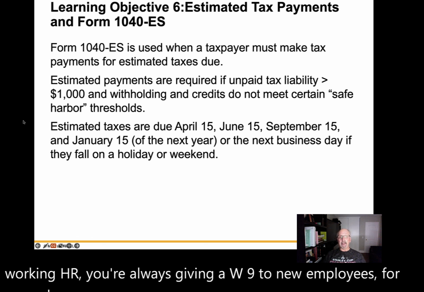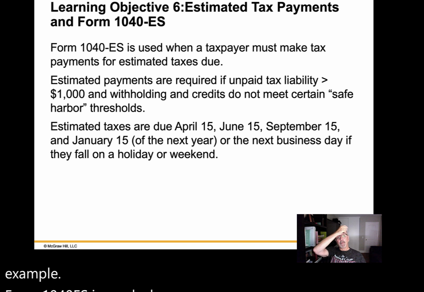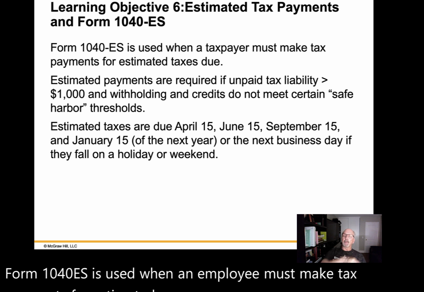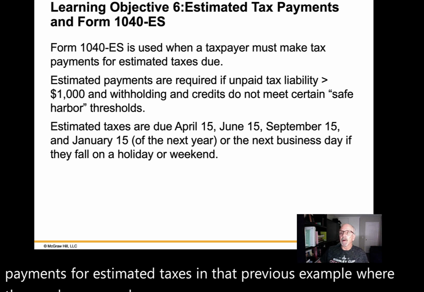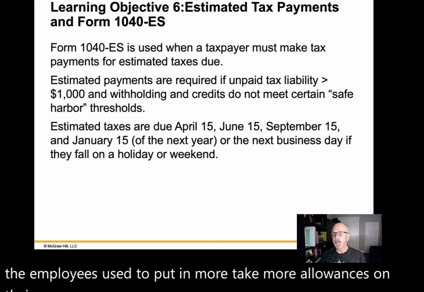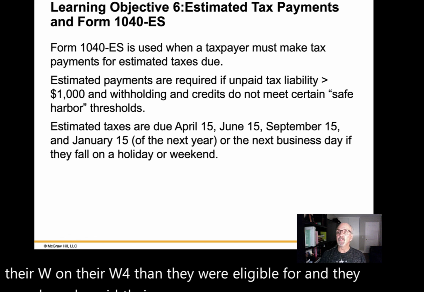Form 1040-ES is used when an employee must make tax payments for estimated taxes. If in that previous example the employees took more allowances on their W-4 than they were eligible for, and they grossly underpaid their taxes, typically this would be the situation for them.